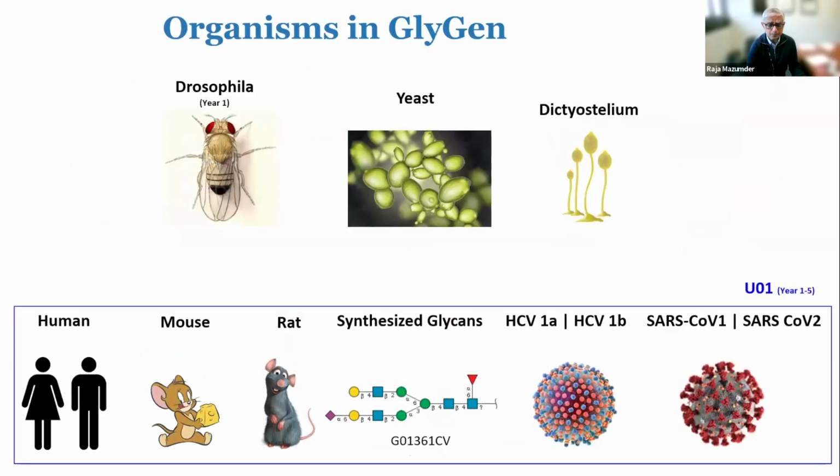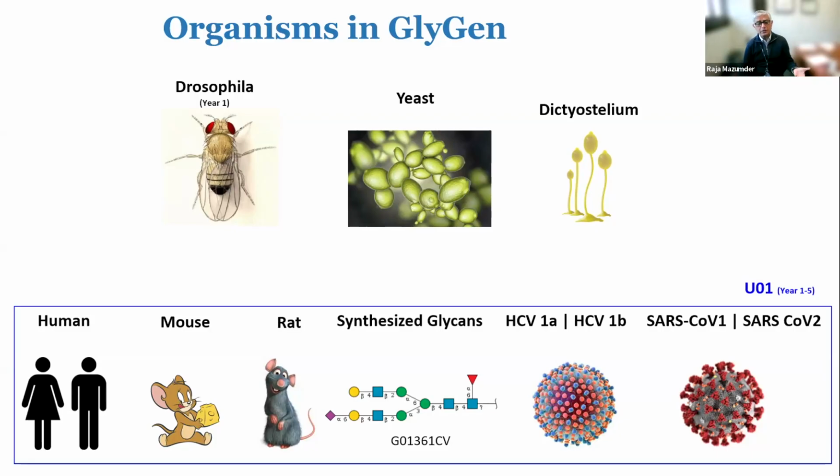Now, what do we have in GlyGen? We have Drosophila, yeast, Dictyostelium, human, mouse, rat. We have some synthesized glycans, HCV1A, 1B, SARS-CoV-1, and CoV-2. So we don't put in every proteome. We bring in the proteome first, because we believe that when we are trying to look for connections, you need the entire proteome.